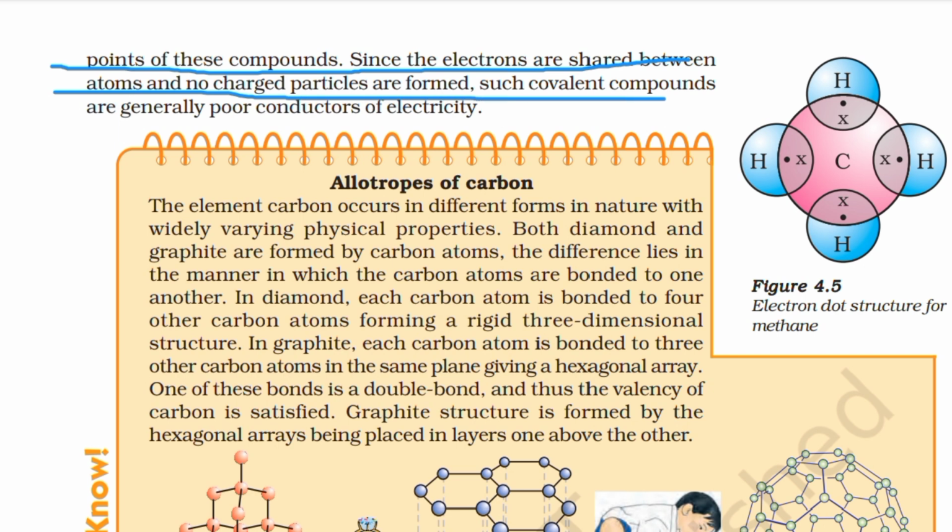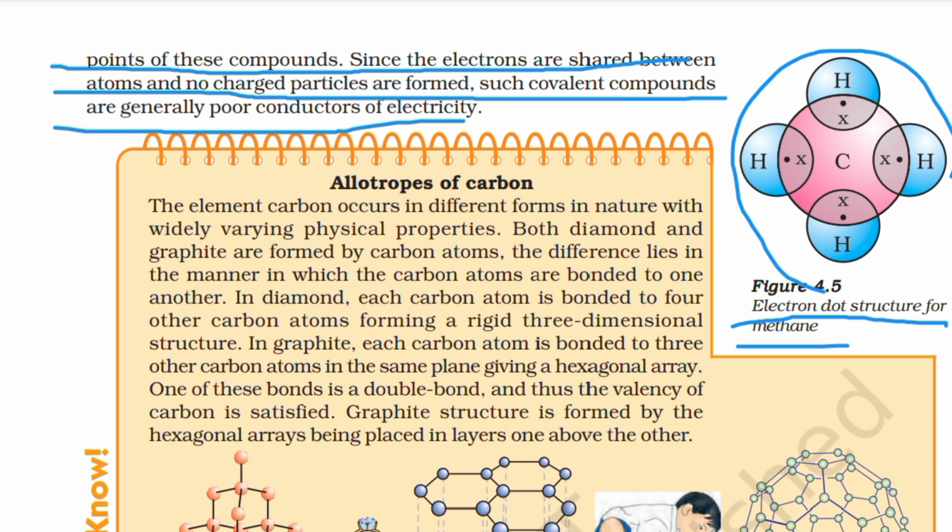Such covalent compounds are generally poor conductors of electricity. The electron dot structure for methane is this structure.